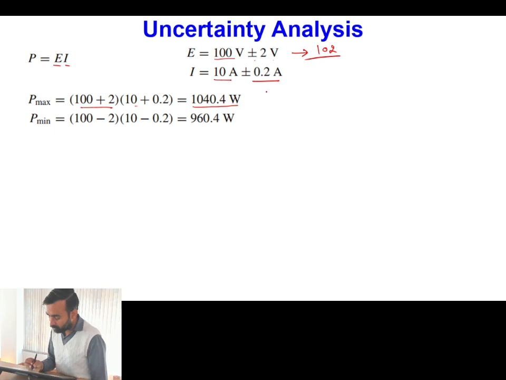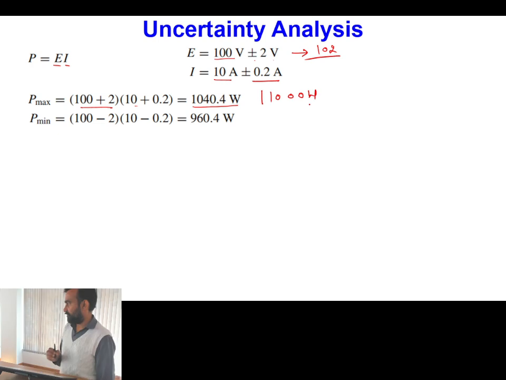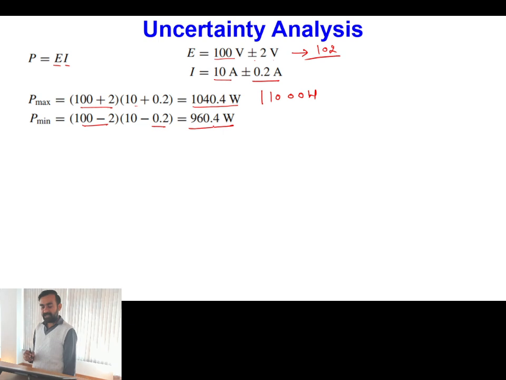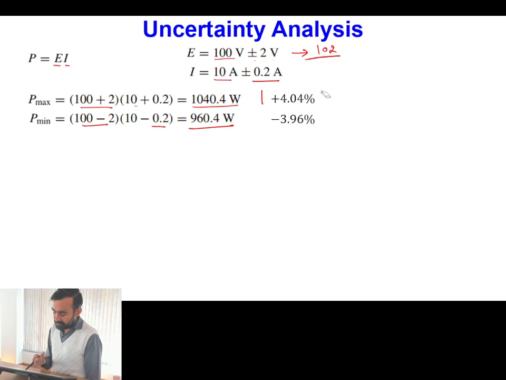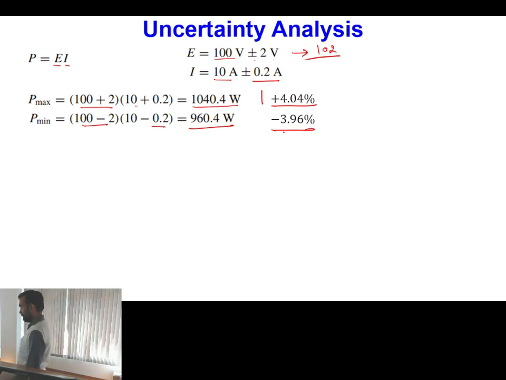But if there was no uncertainty, then power would have been 1000 watt. Similarly, if I consider the minimum deviations in both quantities, my value of power comes out to be 960.4 watt. Ultimately, I can say that I have plus 4.04% deviation or uncertainty and minus 3.96% uncertainty.